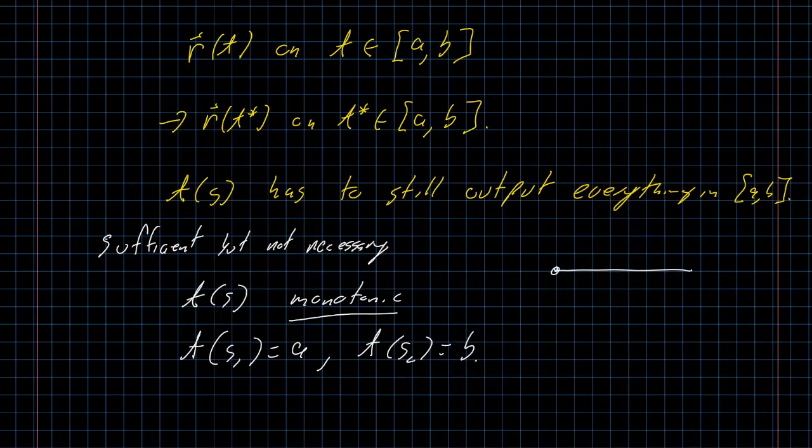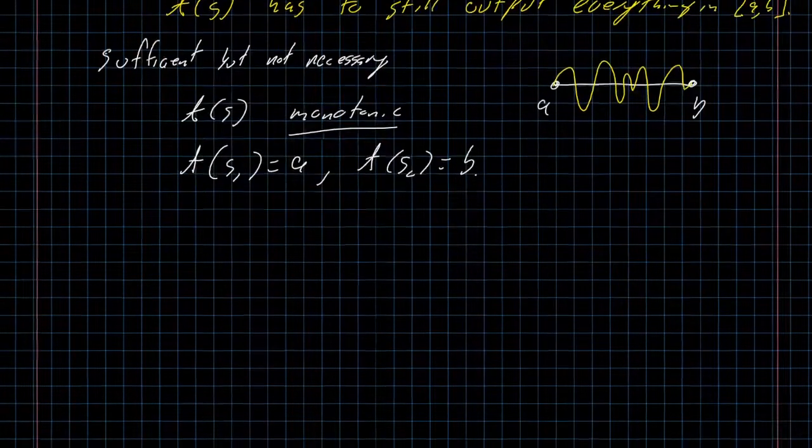Instead of going from A to B, the reparameterization might be taking me on the long route to get there, but it's still getting there, and that's what really matters. All right.